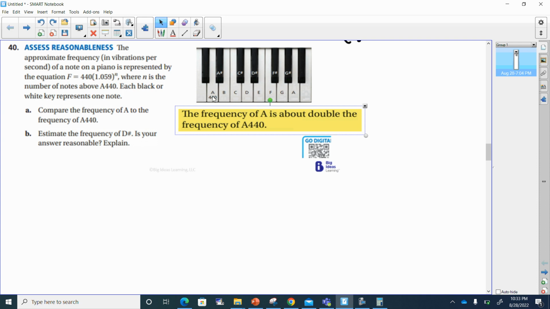So the frequency of A, which we said is the approximate frequency of a note on a piano, is represented by this, where n is the number of notes. All right, so the frequency of A by itself is double the frequency of A 440. A is here, right? And it's double it.